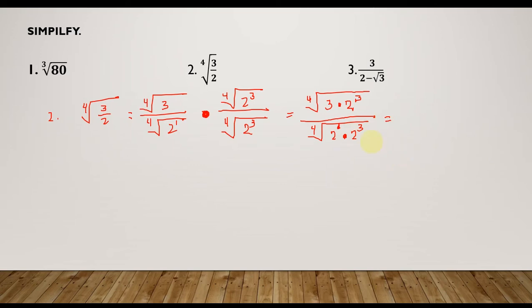Recalling the exponent law, if you multiply the same base, you add their exponents. So this will give us the fourth root of 2 raised to 4, since 1 plus 3 is 4. On our numerator, we're going to have the fourth root of 2 cube, and 2 cube is equal to 8. Then 8 times 3 will give us 24.